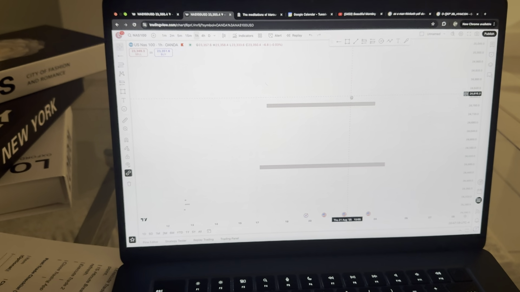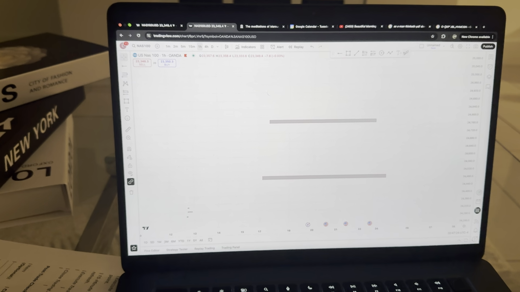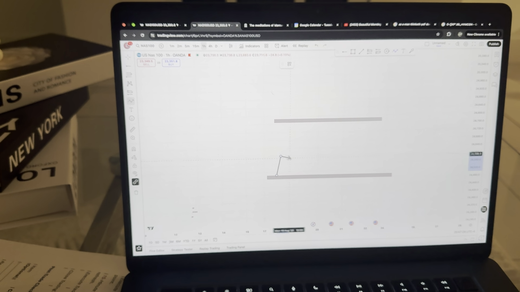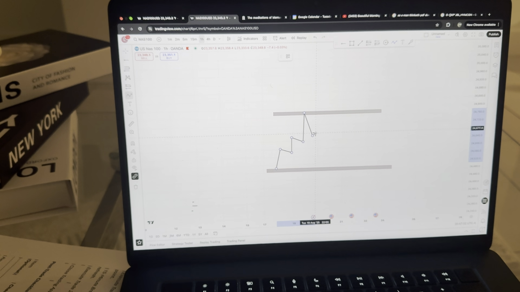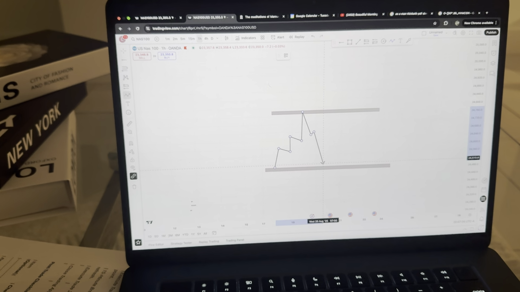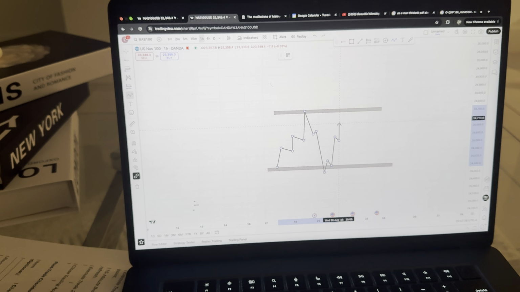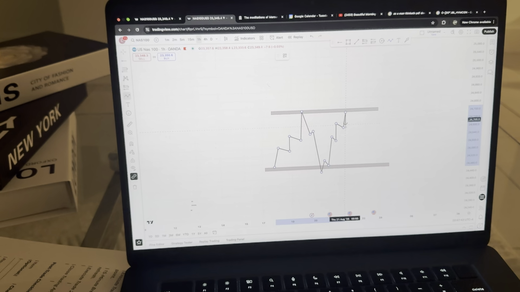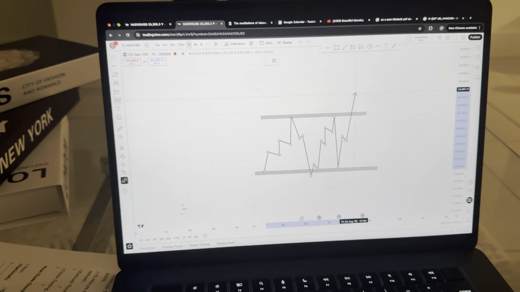Now for example, if we are having a buy, the market goes to the resistance, gets rejected, comes back and sweeps this liquidity here, then goes at this area, and then comes back at support, for example, and then comes and breaks this area.